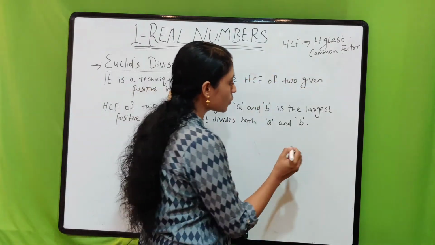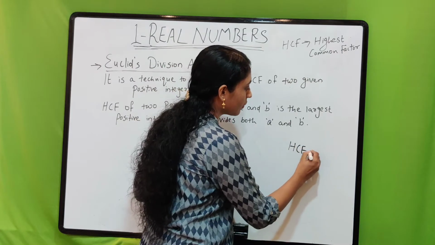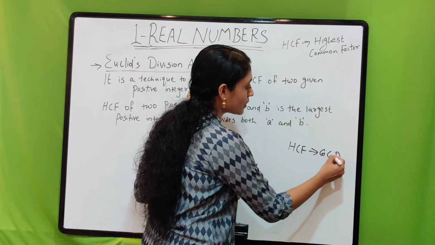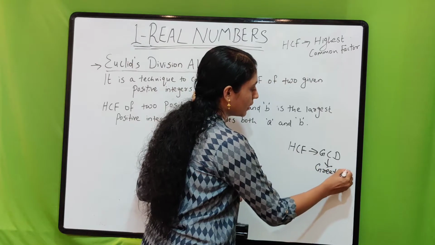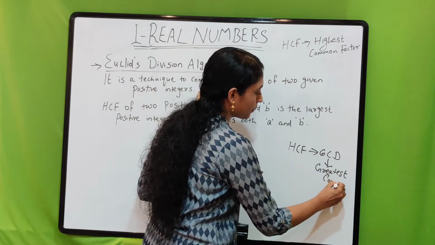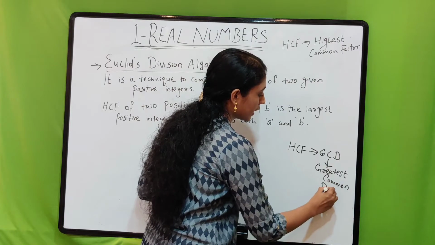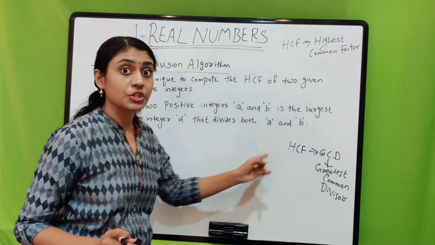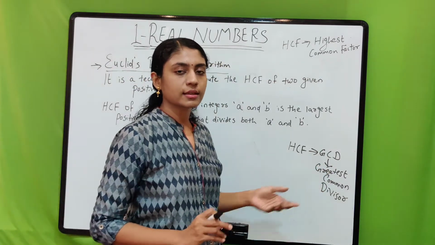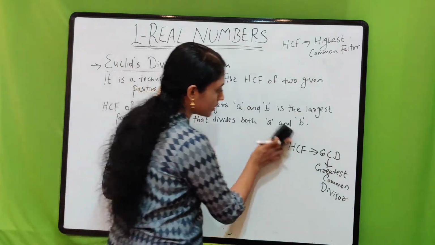And we know HCF is also called the GCD. We studied this in our lower classes. GCD means greatest common divisor, right? So in the exam, sometimes it may ask, instead of HCF, find the GCD of. GCD means HCF. Okay, don't forget that.